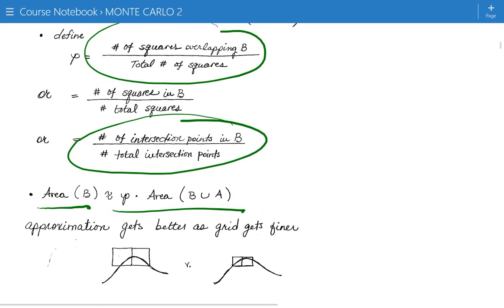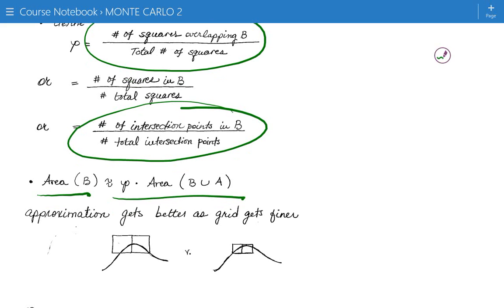So we take the area of the whole square and we multiply it by the proportion generated above by either this method, or we could use this method. The second one probably the least accurate for a finite number of squares. But nonetheless, we could do either one. And this would give us an approximation or an estimate of the area B.